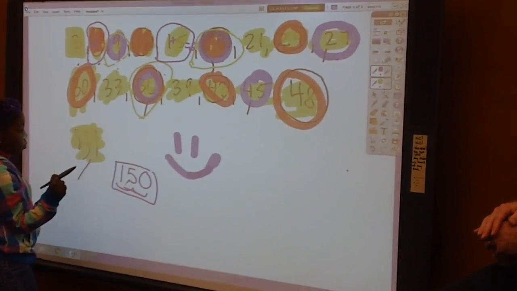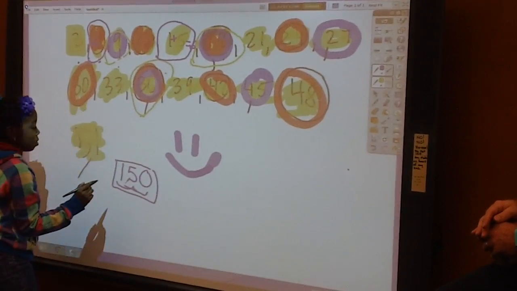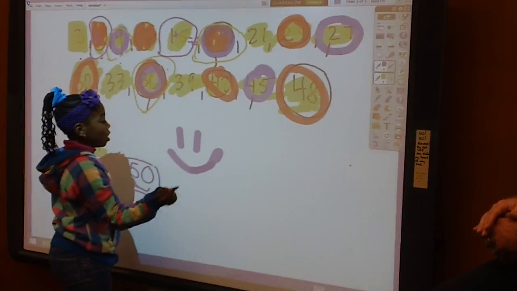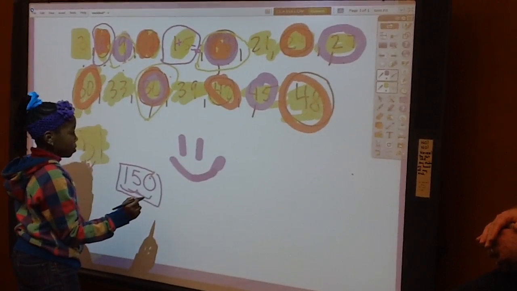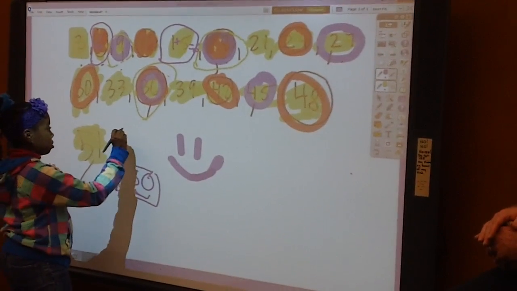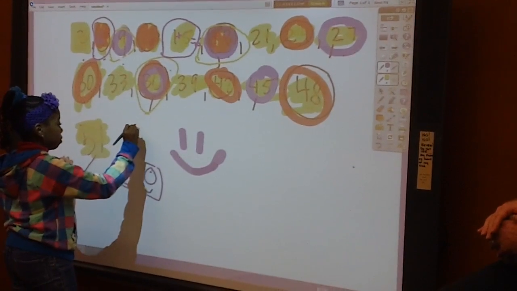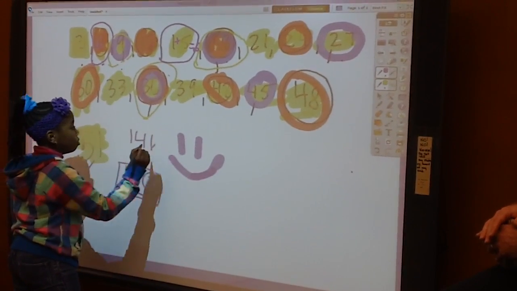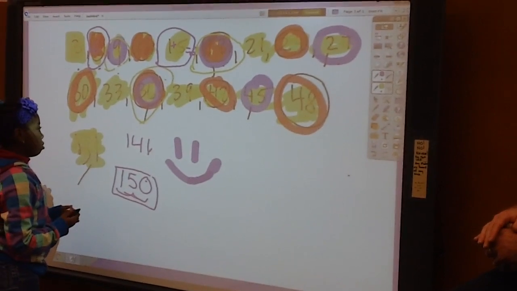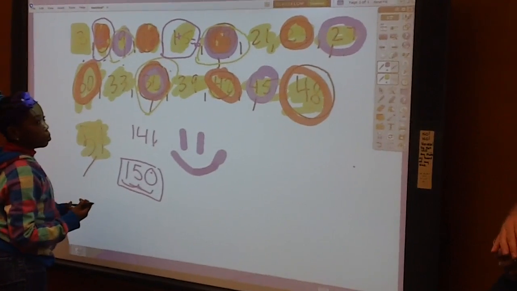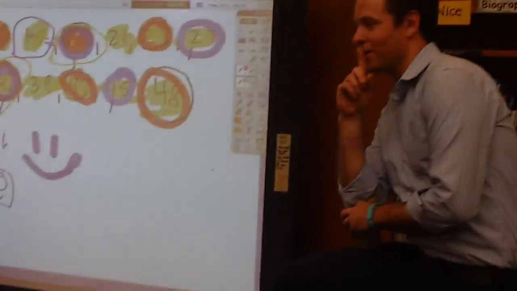And 6 is a multiple of 3. So my question is, could we fill in the 0 with a number? Let's just say that it was 1, 4, and 1. Could we do it like that and still make it a multiple of 3? That's a good question.